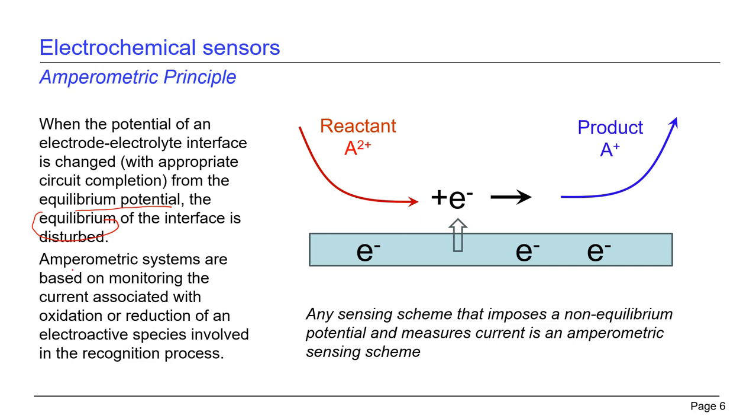Amperometric systems are based on monitoring the current associated with the oxidation or reduction of an electroactive species involved in the recognition process. So basically, remember we focused a lot on equilibrium of the interface with the potentiometric. Any sensing scheme that imposes a non-equilibrium potential and measures the current is basically an amperometric sensing scheme, and there's many like this.